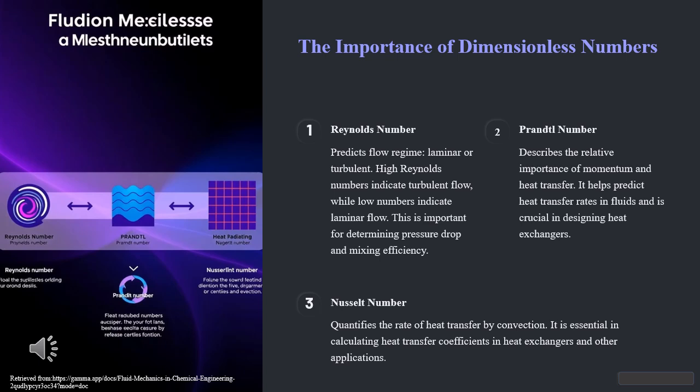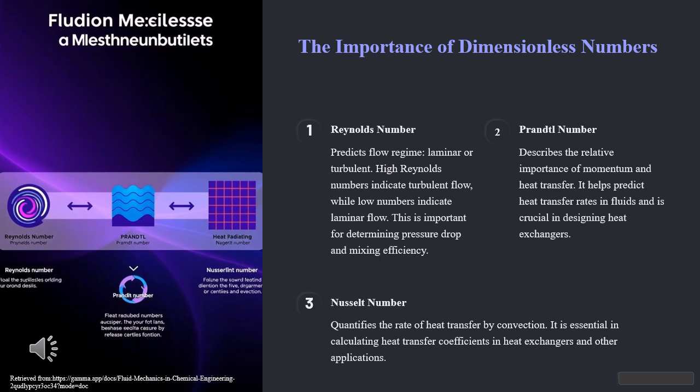Dimensionless numbers play a critical role in fluid mechanics by simplifying the analysis of complex fluid flow phenomena. They allow engineers and scientists to understand, predict, and scale fluid behavior across various systems without relying on specific units.